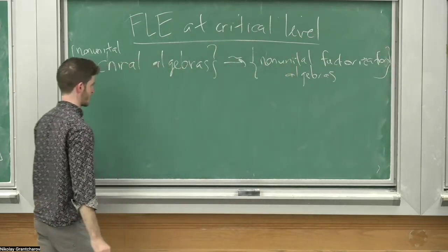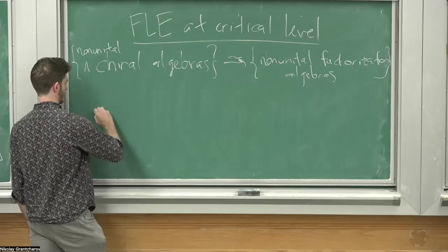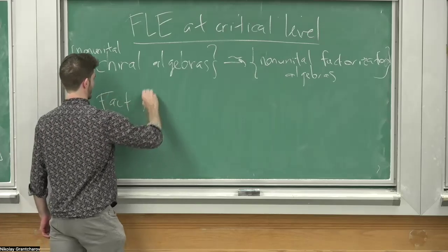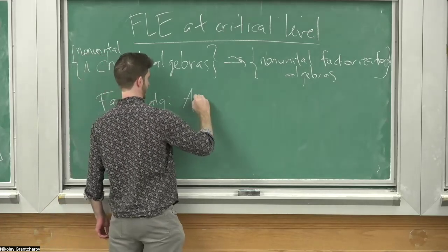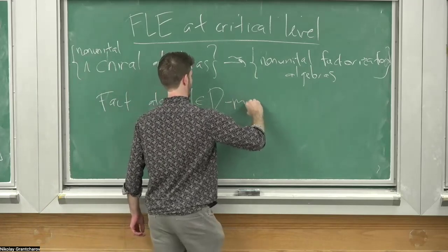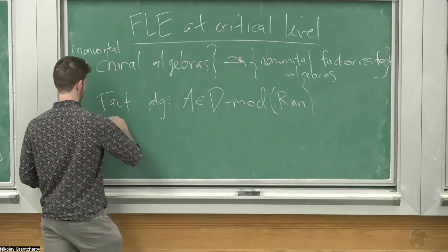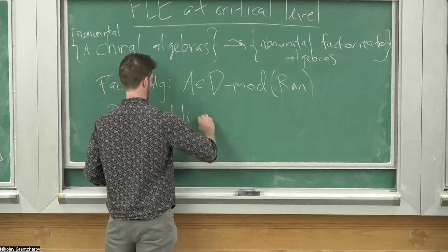There's this other kind of structure. Factorization algebra structure means I have a D-module on Ran space, where Ran is the moduli of finite subsets of X.